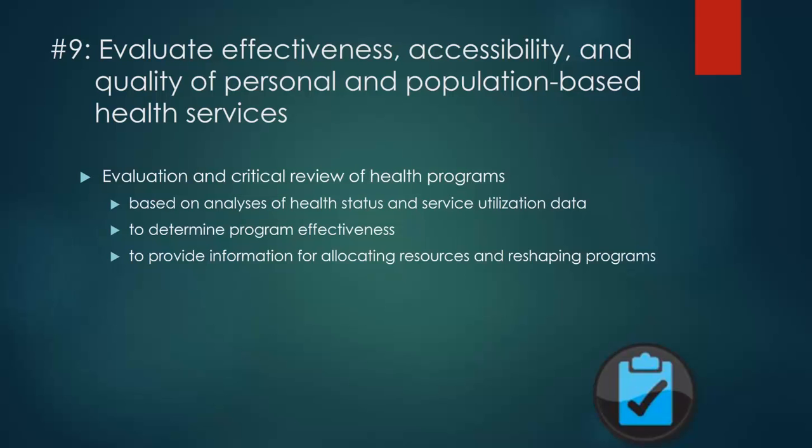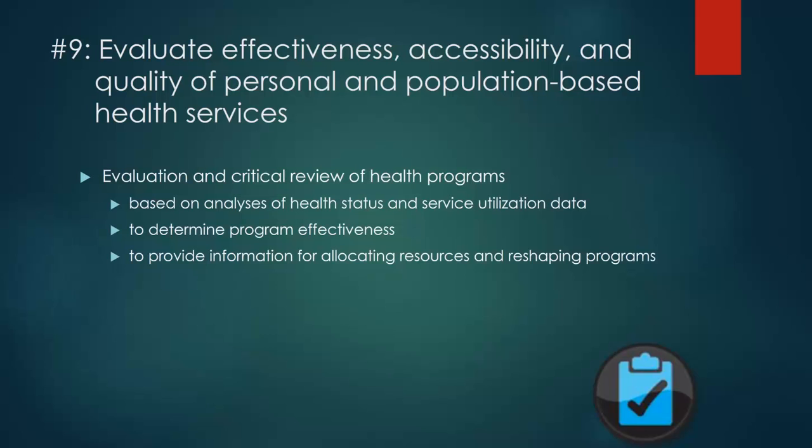These analyses are conducted to determine program effectiveness and to provide the information necessary for allocating resources and reshaping programs for improved efficiency, effectiveness, and quality. One type of data that is helpful in ongoing evaluation of health programs is surveillance. Surveillance is a key activity conducted by epidemiologists, and that is why we will devote an entire module to this topic later in the series.